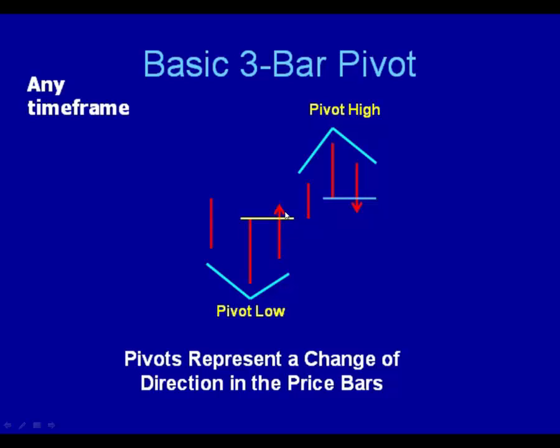Once we have a good solid pivot in place, then the odds begin to favor that the low is in place, at least temporarily, in order to assess putting on a trade, taking an entry, and how much risk is involved. That's why I stress quite often, we don't want to be just buying levels for the sake of buying levels. We want to identify levels that we're interested in taking trade setups from, but wait for that pivot.